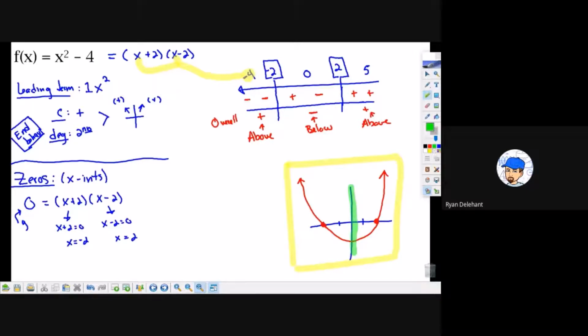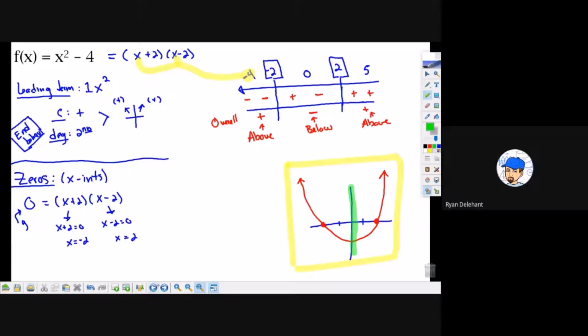Normally, we want to do these sketches without calculators, because you just want to get an overall general feel of where the parabola is going to go based on the information. Y-intercepts can get really, really big, and I don't want you trying to calculate really big numbers in your head. So I just leave them out. The important part of this is whether it's above or below the axis in between the intercepts, okay?